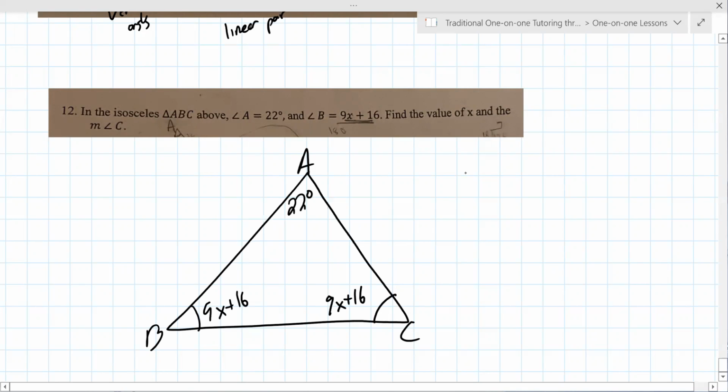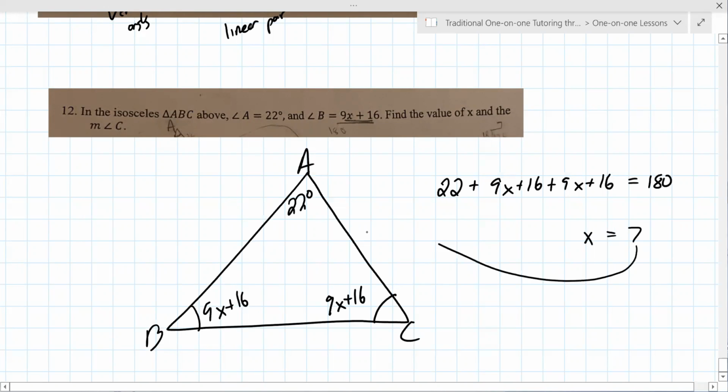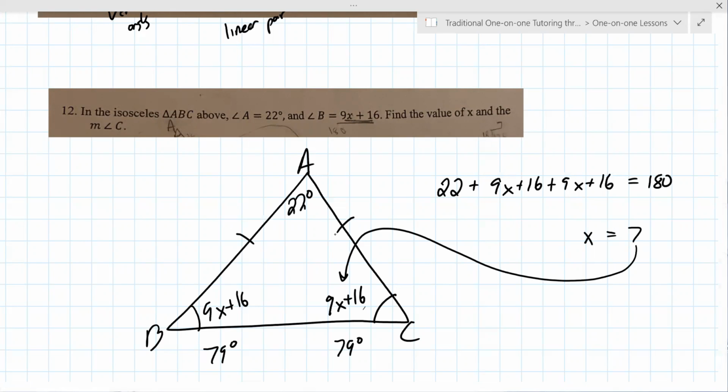Yes, your work is correct because the three angles have to add up to 180. Okay, so then I'd write out that formula where I'm smacking everything together twice. Yes, and then 63 plus 16, 79, 22, and that equals 180.